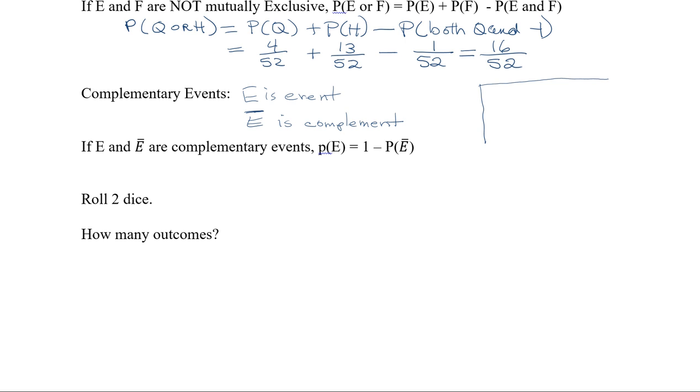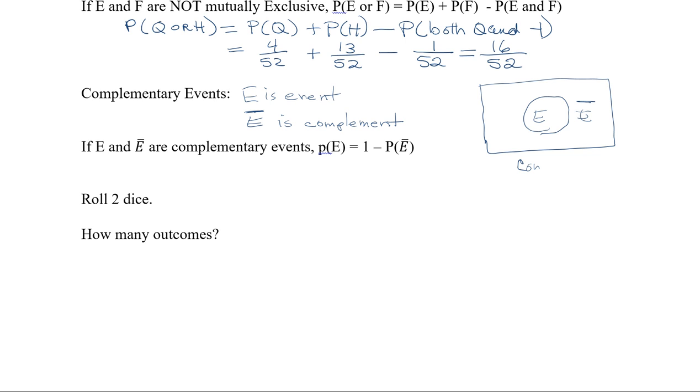And again, we're going back to set notation. With set notation, if I have this be my set E, the complement is everything outside of it. So if two events are complementary, the probability of the event is 1 minus the probability of its complement.